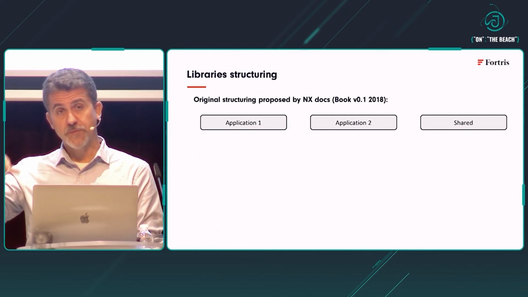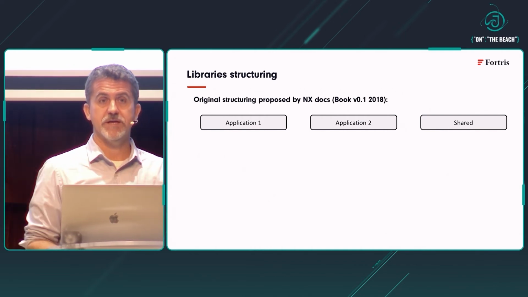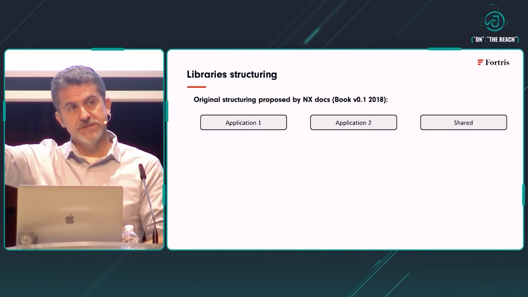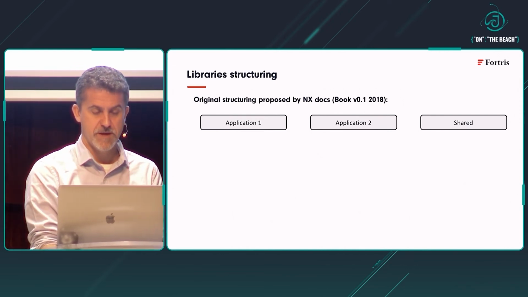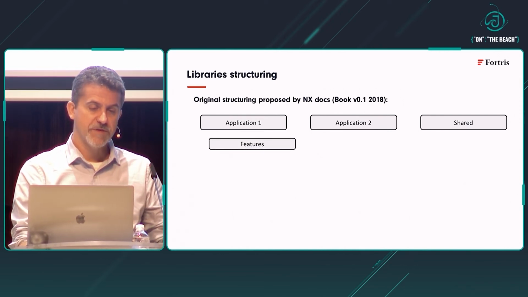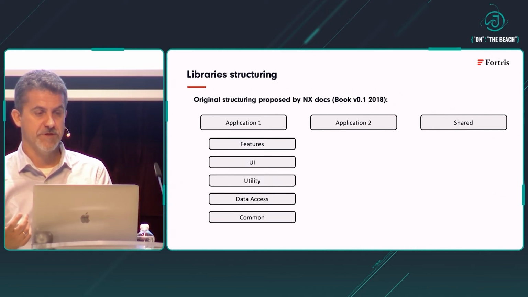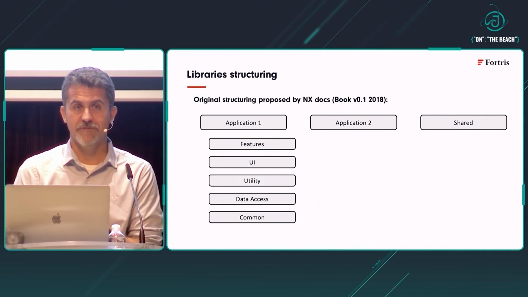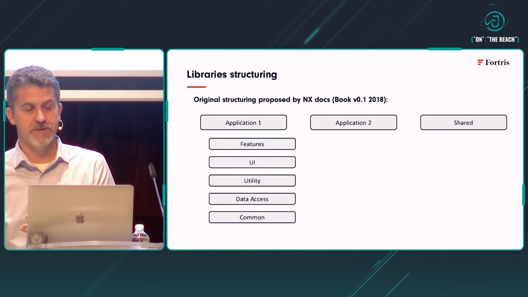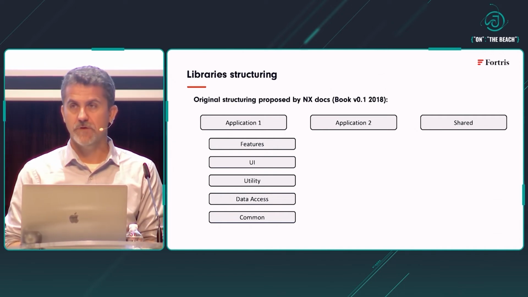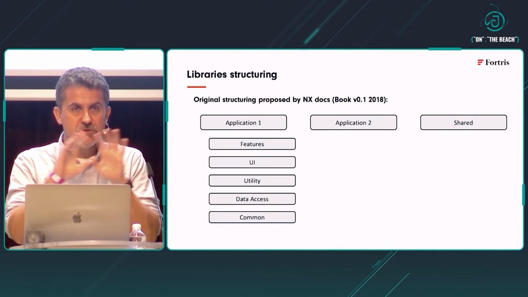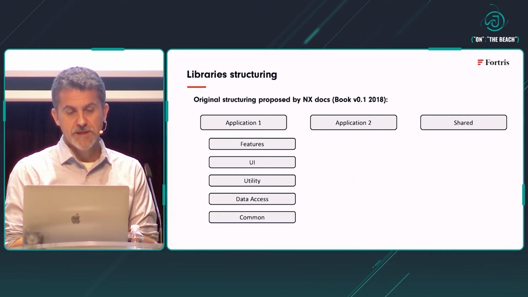We have shared libraries that we want to share between the applications, so we don't need external libraries as a dependency. We can define and set it here. And within our application, we are going to have different categories for our libraries. We can have features, where we have smart components with some logic. UI for components that are dumb, for visualization purposes only.